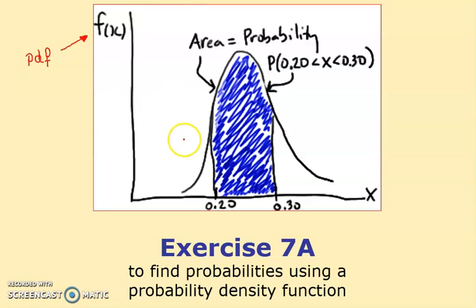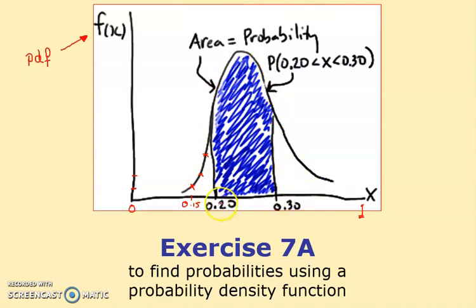So here you can see we've got x values presumably going from 0 up to maybe 1 eventually, but in between you've got 0.2 and 0.3, and for each of these values you assign a value of the PDF, of the function. So at 0.15 we have a value over here, and at another value we have another value, and it's basically just we give a curve to the probability.